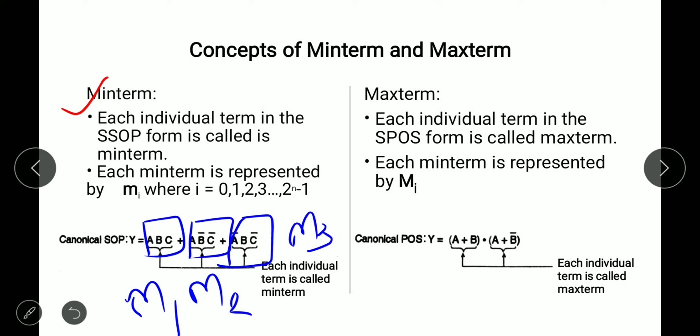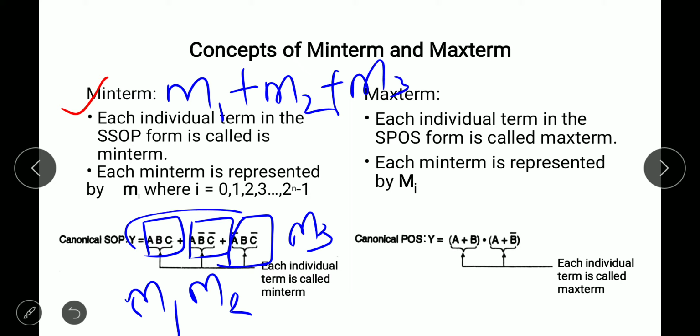So we can write the first as m1, the second as m2, and the third as m3, and instead of this we can write m1 plus m2 plus m3.